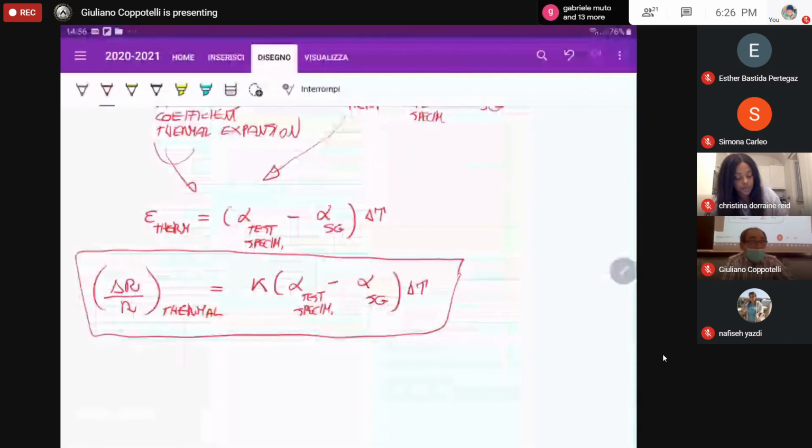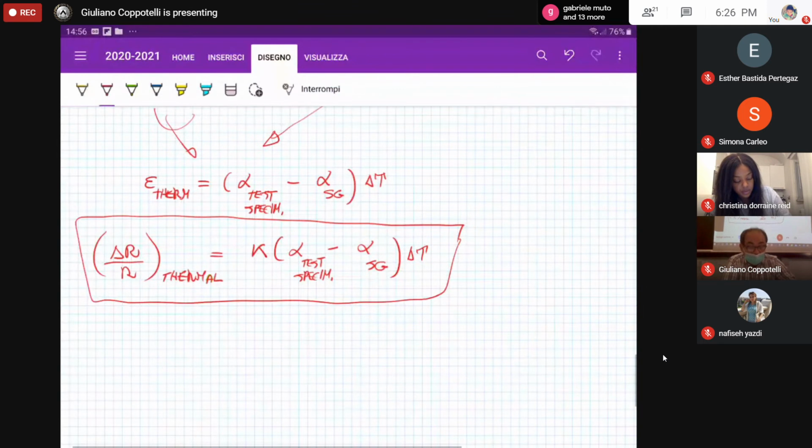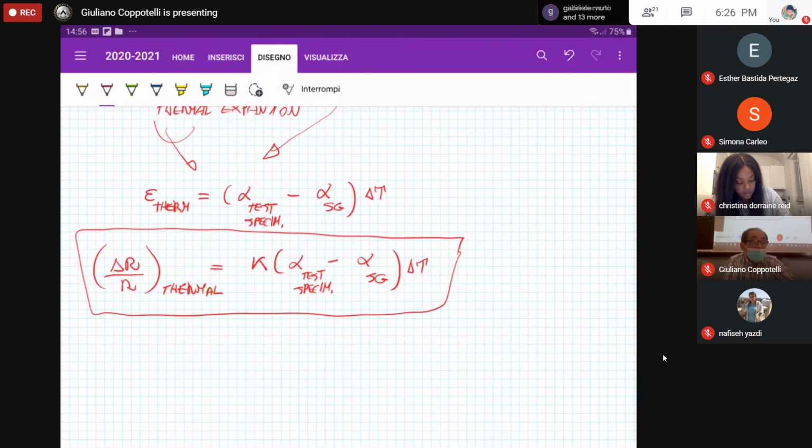Now, generally, although this model is representative of the third effect, generally what we are having is putting together two different contributions: the effect of the change of reference resistance and the strain at a different operating temperature.